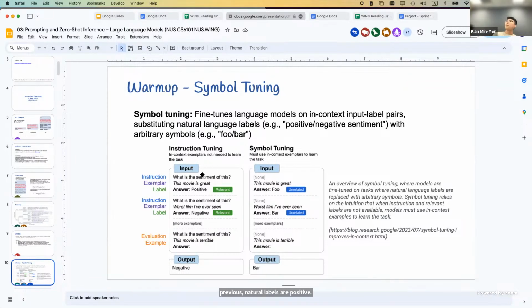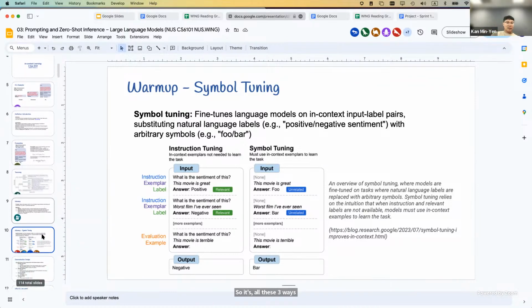We substitute those labels with symbols like foo or bar, and we do fine-tuning based on the symbols. This is a way to force the language model to learn from our examples because we change the labels, so the model cannot rely on previous knowledge of the relevant labels. They must learn from our examples. It is a way to force the language model to do ICL. All these three ways together make up the warm-up process.